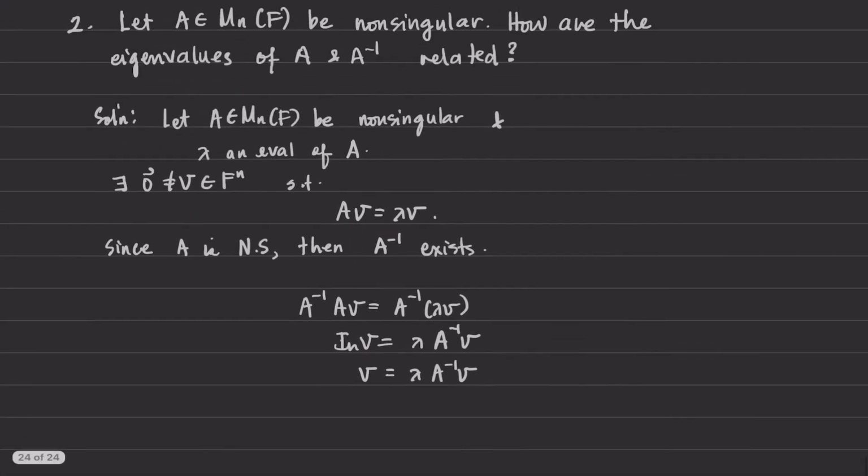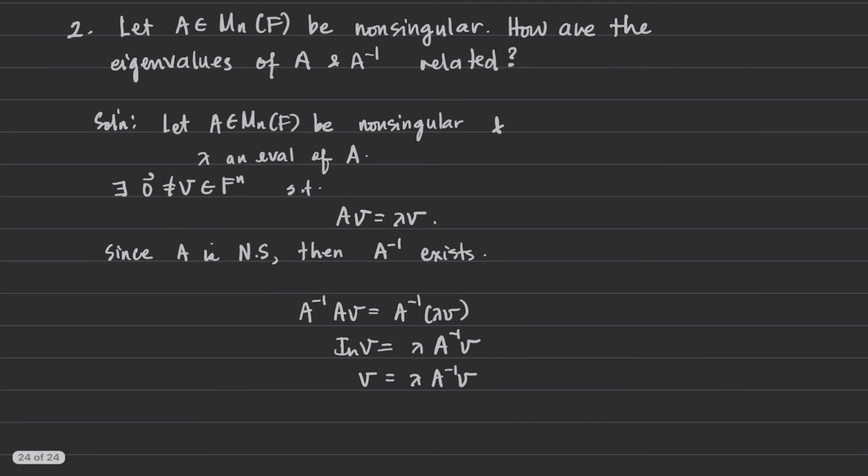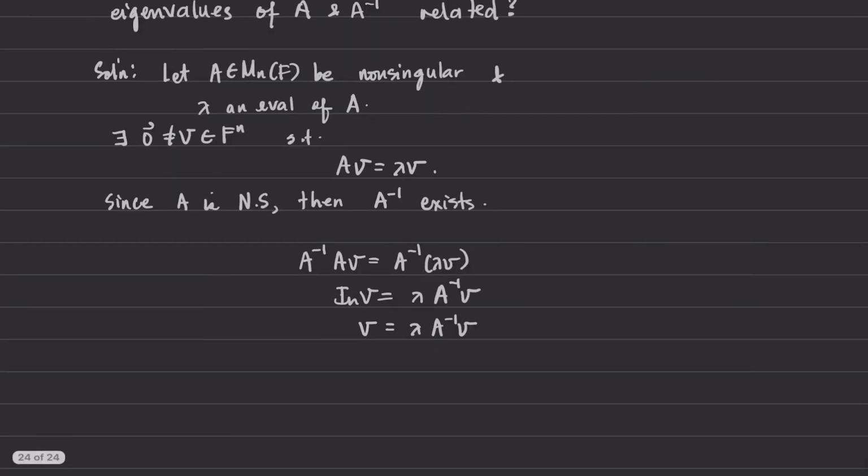Pero, anong sabi natin dito sa previous example? A is singular if and only if 0 is an eigenvalue of A. So, kung non-singular ka, wala kang 0 eigenvalues. Yun yung sinasabi ng previous example.